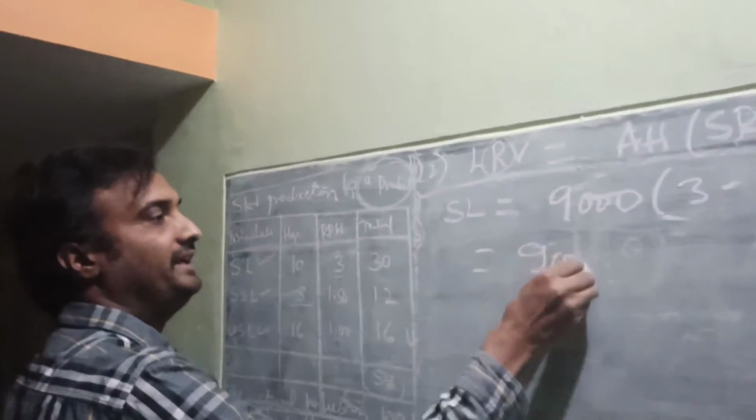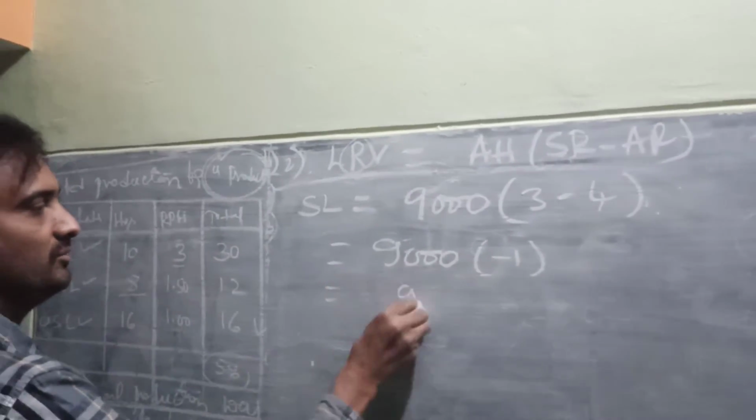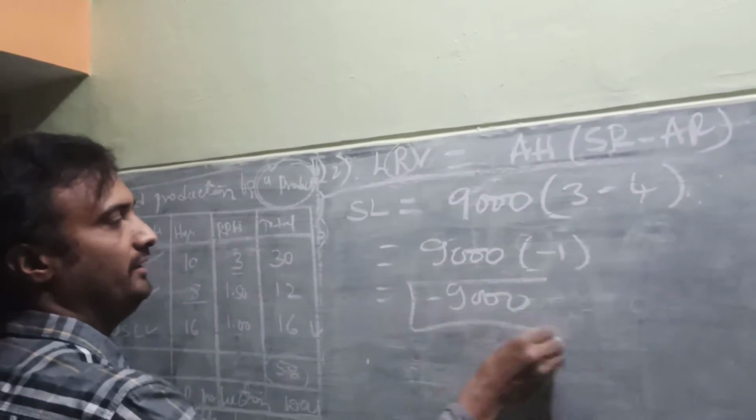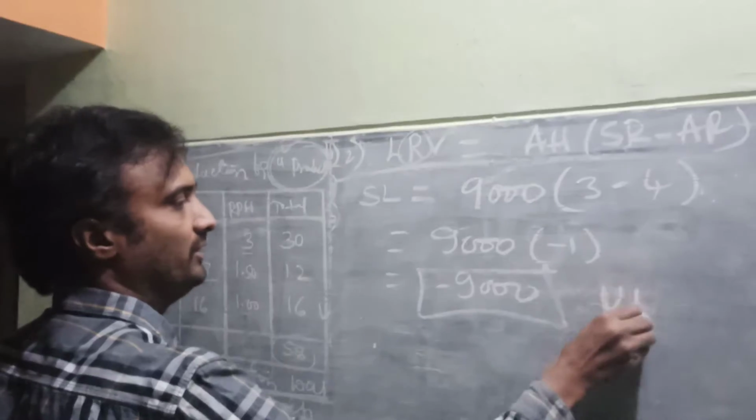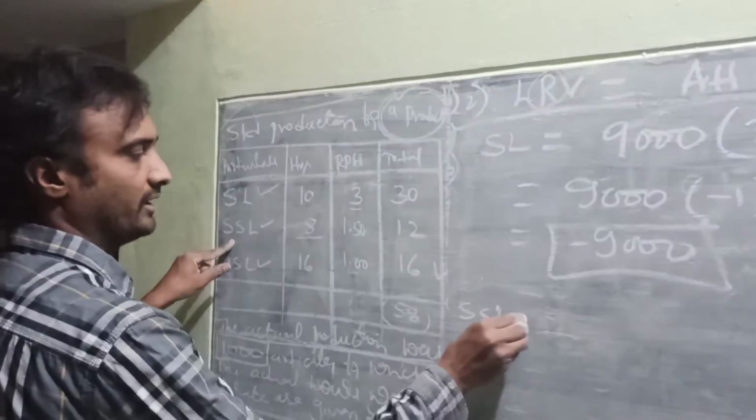So 9,000 into 3 minus 4, minus 1. So that comes to minus 9,000. Again it is unfavorable.